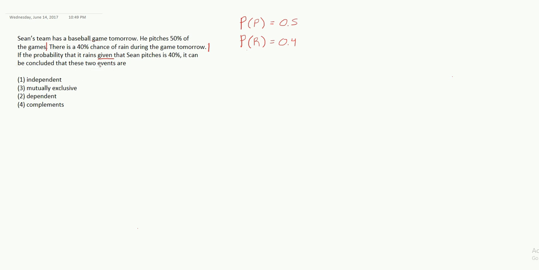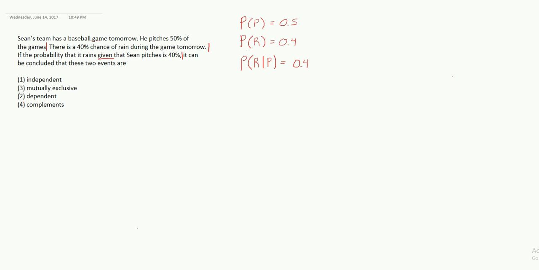The probability that it rains given that Sean pitches is 0.4, that means this: the probability of R given P, the probability that it rains given that P, the pitching, is already occurring, is also 0.4.